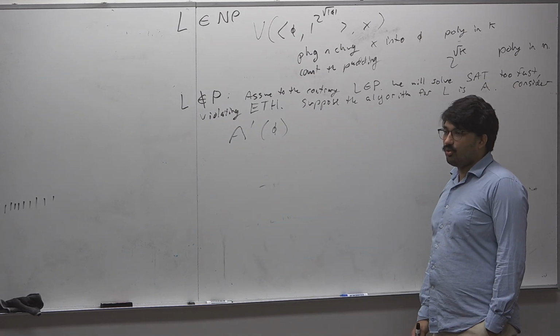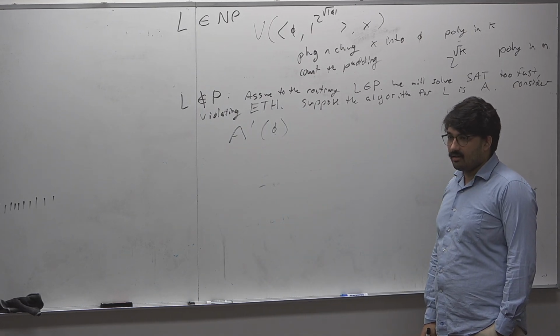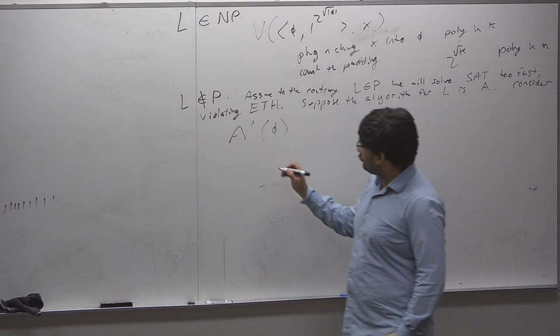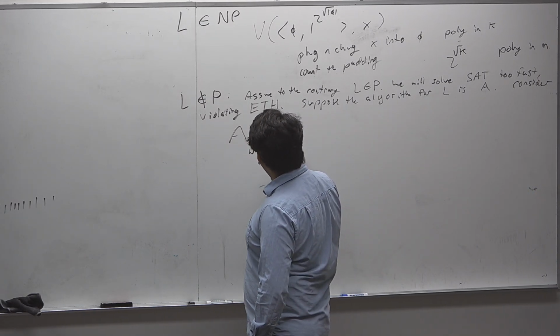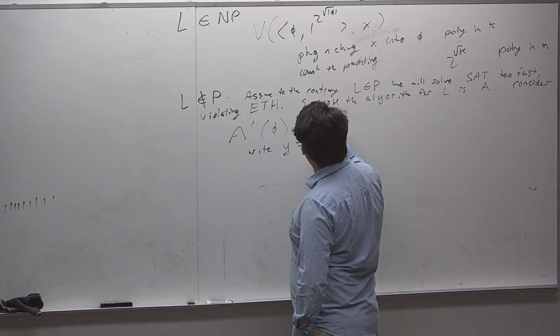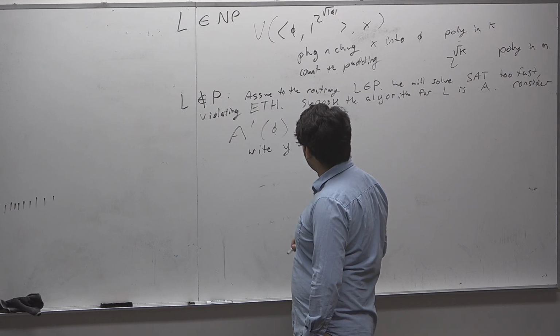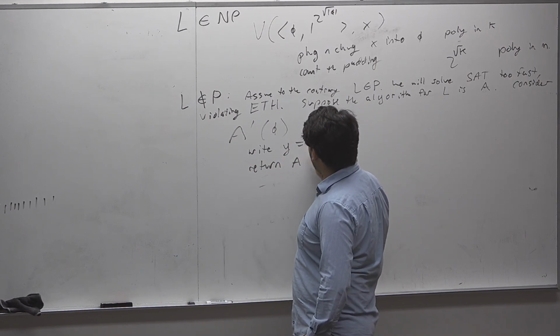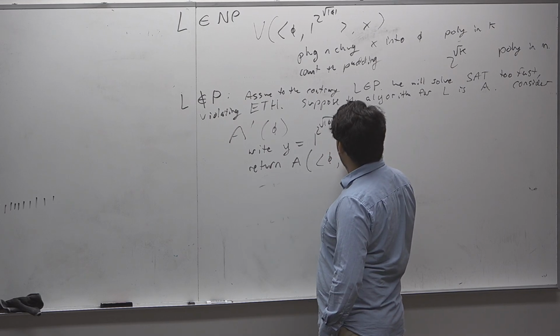All it's going to do is write down the padding and run A, right? Y is equal to 1 to the 2 to the square root of the size of phi. Return A on input phi, comma y.